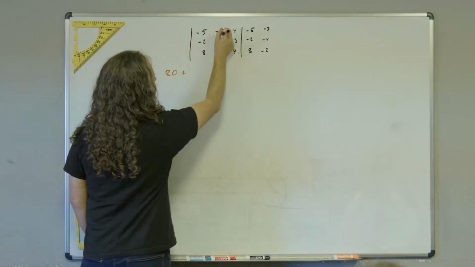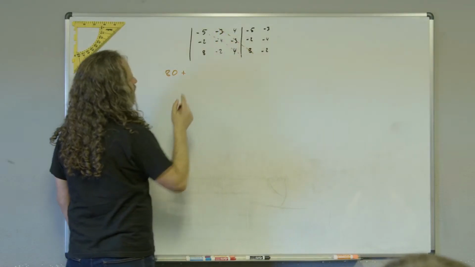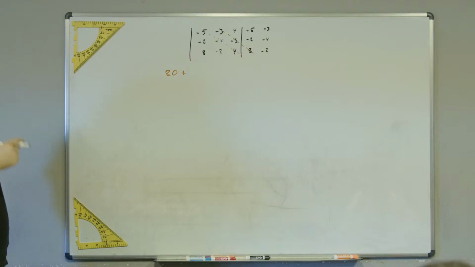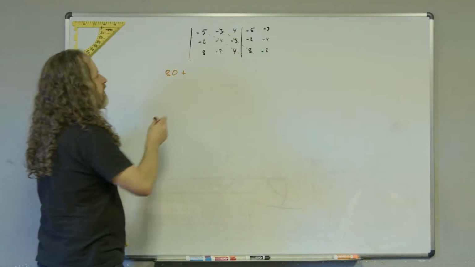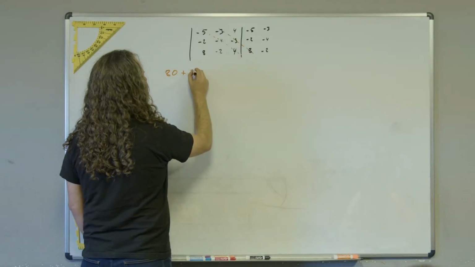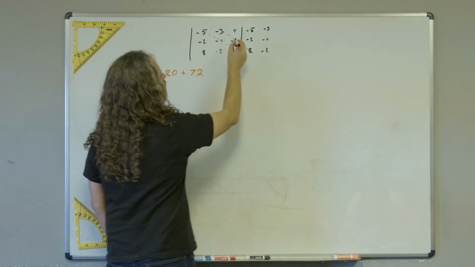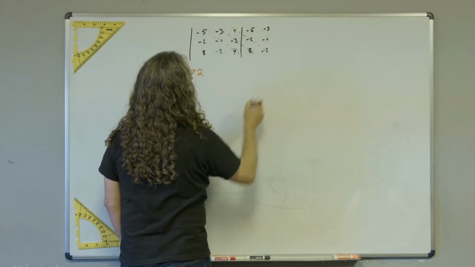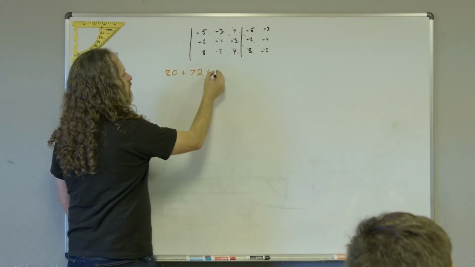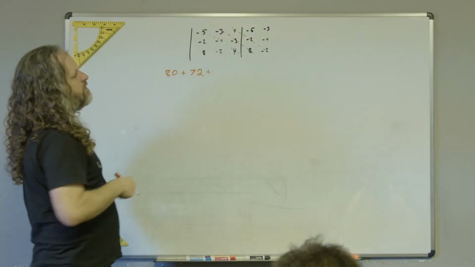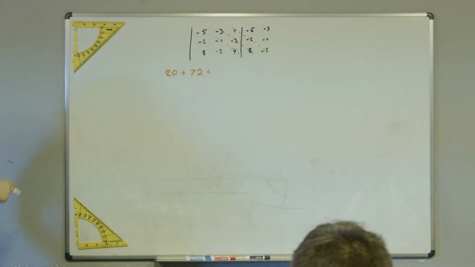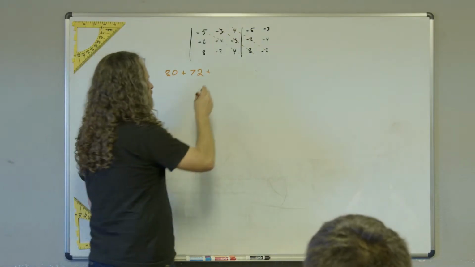So plus -3 times -3 times 8 is what? Positive 72. And then 4 times -2 times -2 is 16.